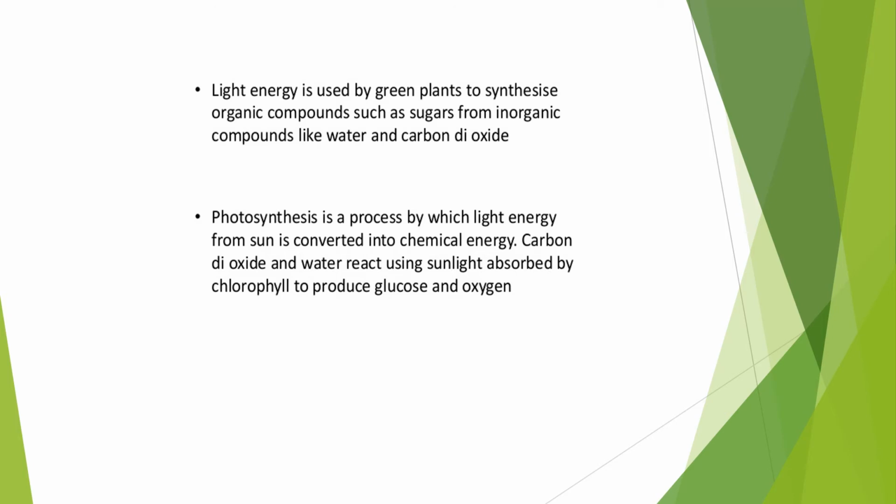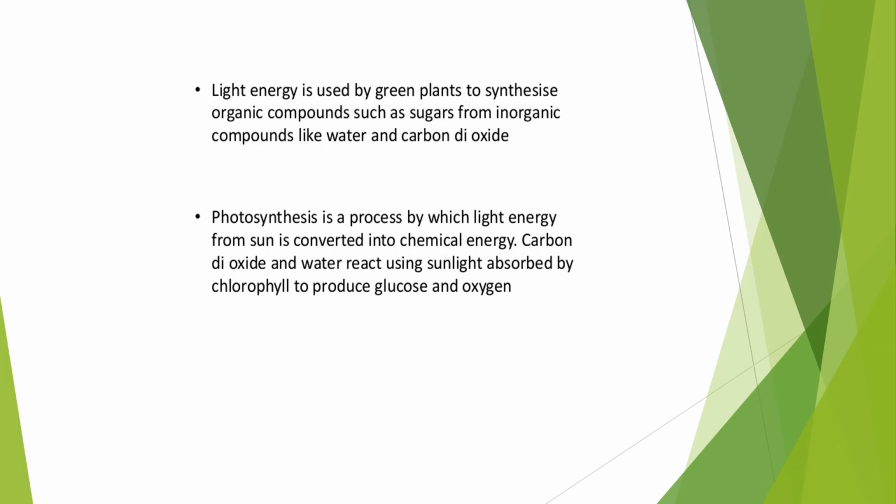Now, what is photosynthesis? Photosynthesis is the process by which light energy is captured from the sun and converted into chemical energy, and carbon dioxide and water act as the raw material in this process.